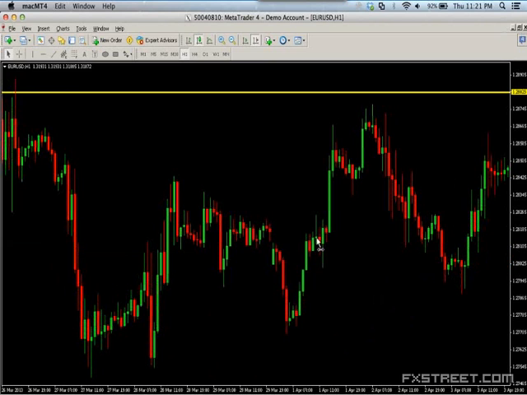The market respects these levels again and again and again. And the more bigger candles that you have, the more intense these levels become, because there is a very strong wall, if you want to put it, that needs to be broken.